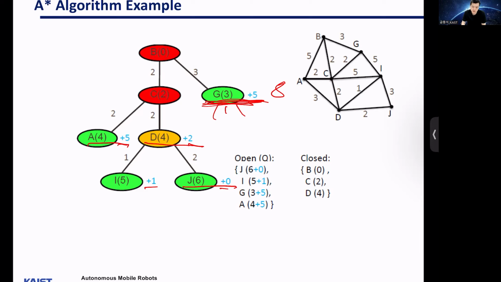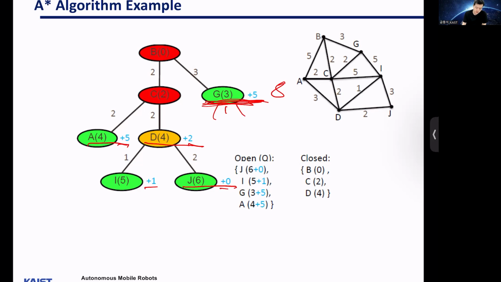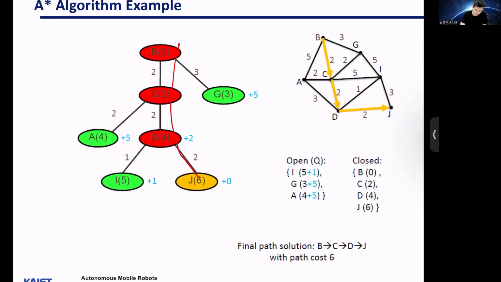Okay, so that makes the search algorithm a bit more efficient. So that way you can find this path a bit faster, and the tree is sort of directed towards the goal, by considering the cost to go.